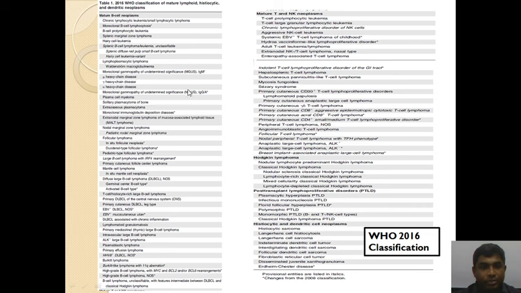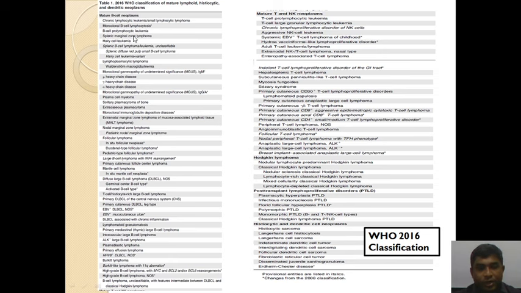As you can see, this is a very big extensive list. You might not be able to see all the different subtypes. So this includes commoner ones like chronic lymphocytic leukemia, small lymphocytic lymphoma, splenic marginal zone lymphoma, follicular lymphoma, lymphoplasmacytic lymphoma, etc. This also comprises diffuse large B cell lymphoma, in which the cells look morphologically bigger, and in the T and NK cell lineage again you have different subtypes.